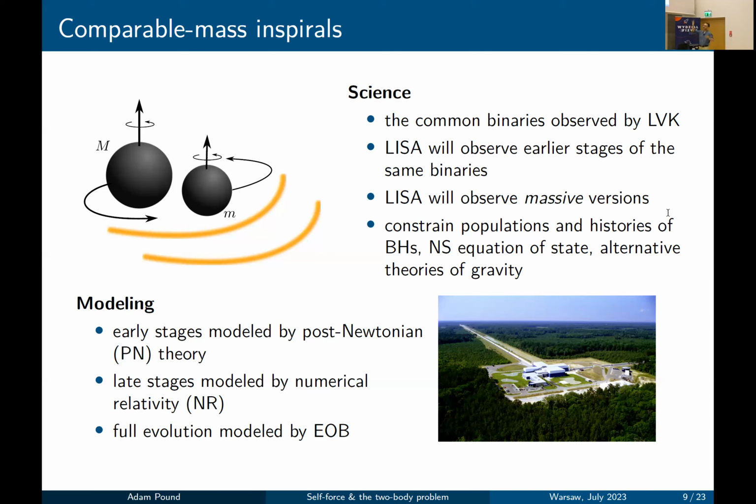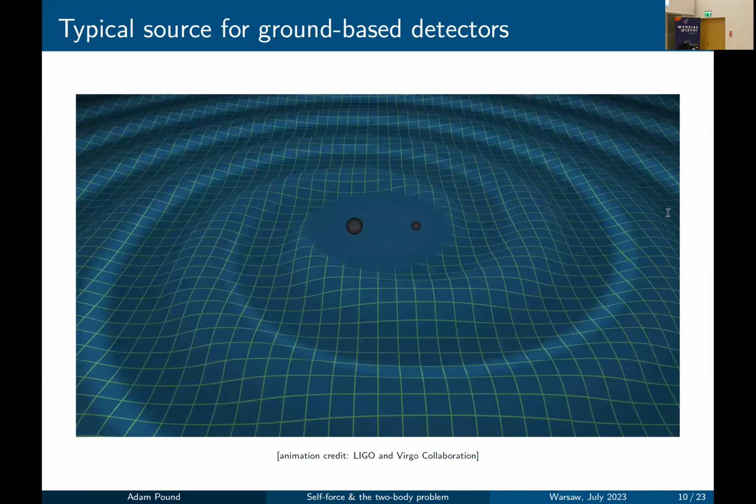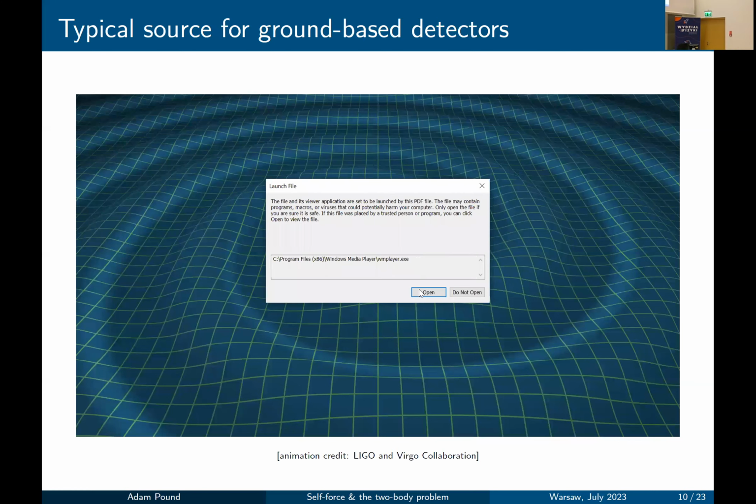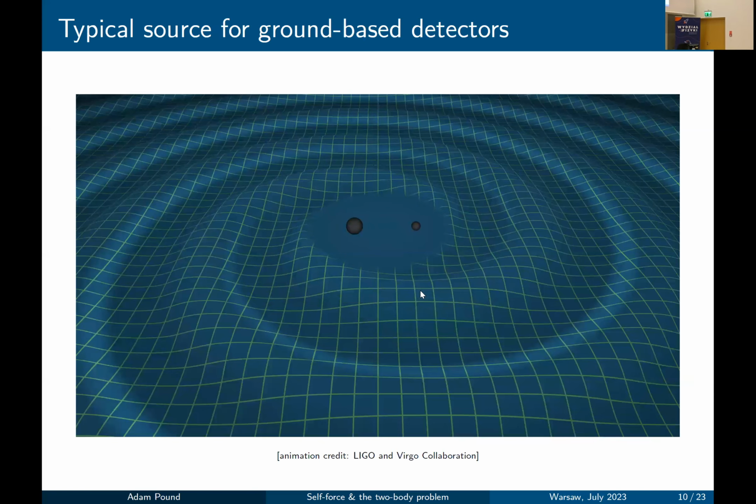Okay, so you'll have some model that incorporates information from NR and from PN and gives you a fast waveform model. And this is very well developed for current signals. So just to show you what kinds of systems we're looking at here, because I'm going to compare and contrast that with the kinds of signals we're going to see soon.